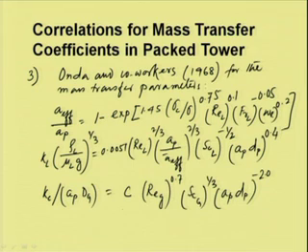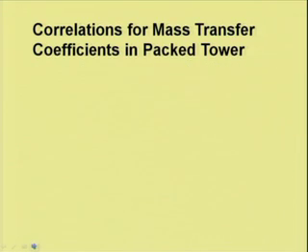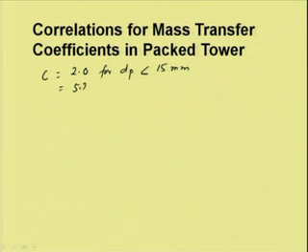So, here this C is equal to 2.0 for dp less than 15 millimeter and this is equal to 5.223 for dp greater than 15 millimeter.